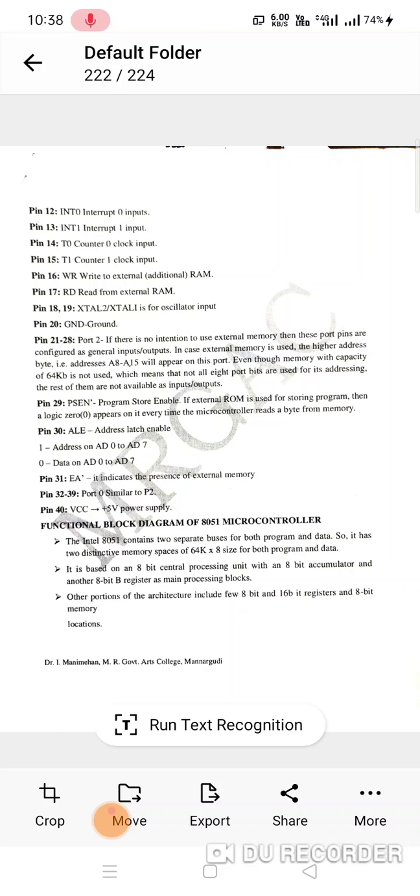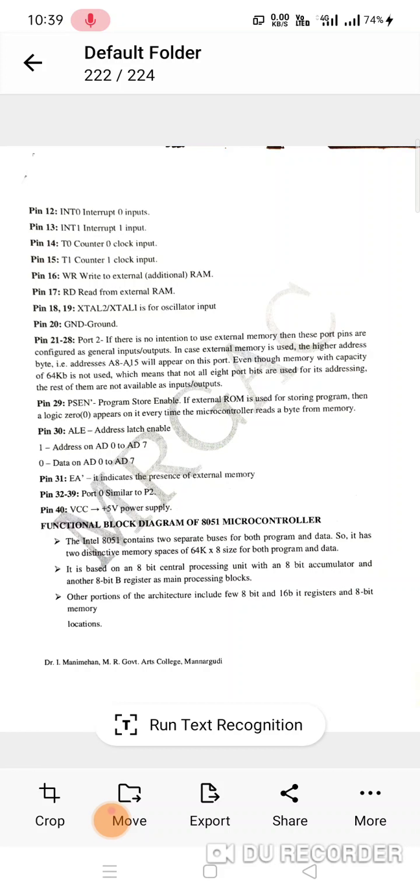Okay. Even though memory with a capacity of 64 kilobytes is not used, even though the capacity of memory is not 64 kilobytes, not all 8 port bits are used for this addressing.